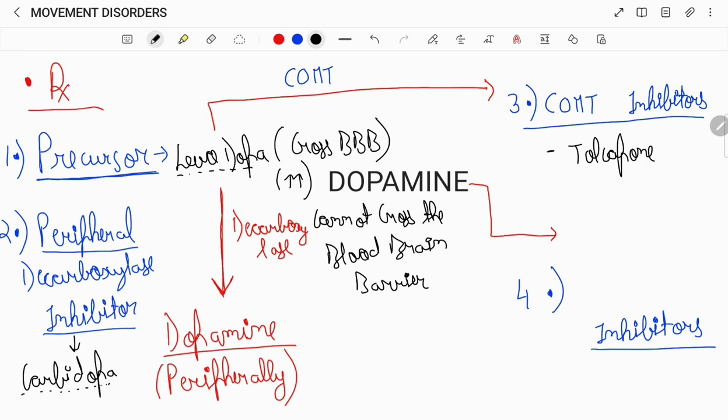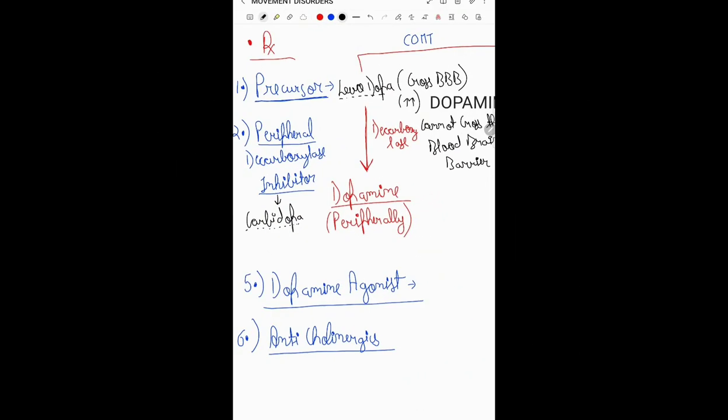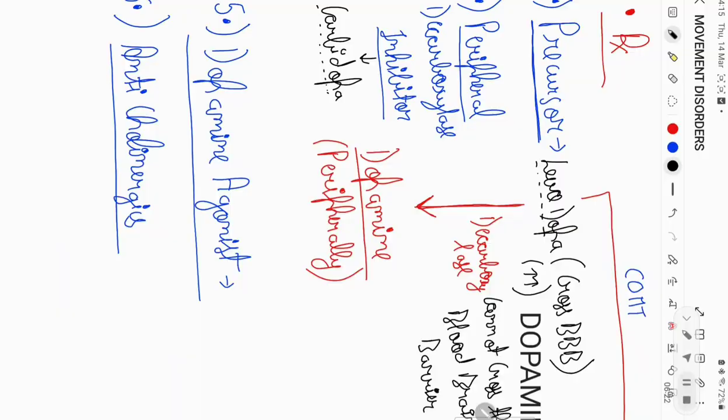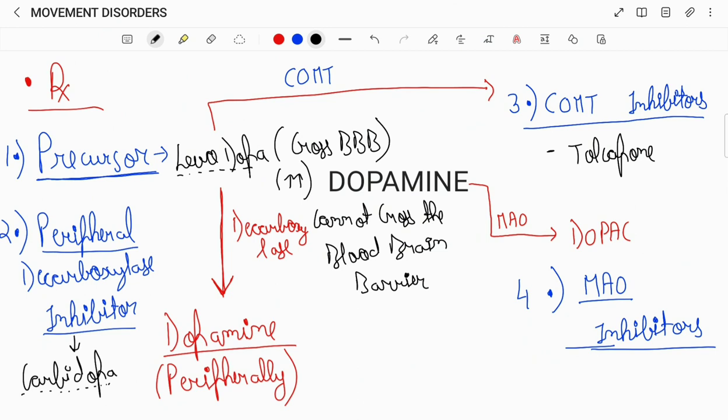Now, this dopamine can also be converted into DOPAC by the MAO enzyme. So, the fourth drug which we need to give are MAO inhibitors. The example for MAO inhibitors is selegiline.